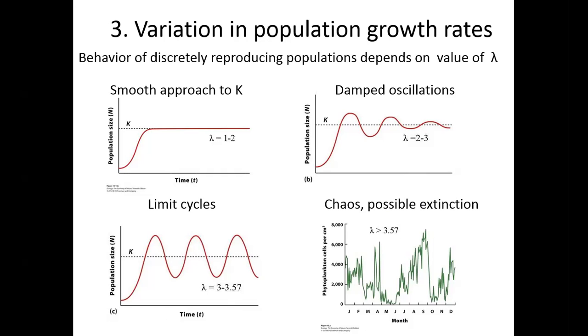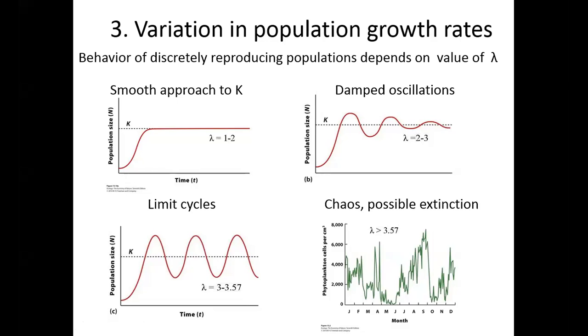This is where chaos theory comes from, actually. It is partly an outcome of modeling the growth of extremely rapidly reproducing populations. So what I've done here is just use the same graph as in density independent fluctuations. But what I'm trying to do is make the point that when you get to a population growth rate, a lambda of 3.57 or above, you get what looks like totally random fluctuations again.